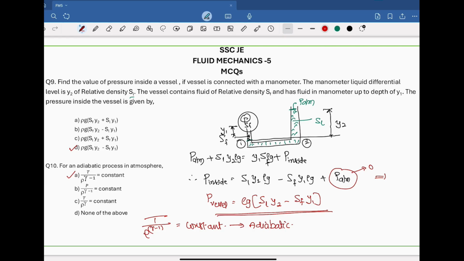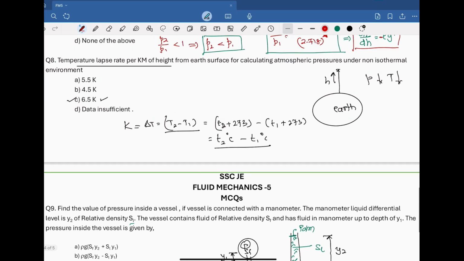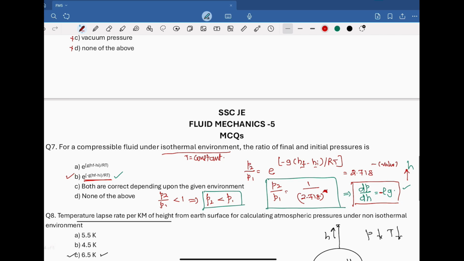And these are all from definitions and properties of fluids. Best of luck to everybody, and think and do the questions. Don't try to just answer them by seeing the first answer as the first answer looks correct.